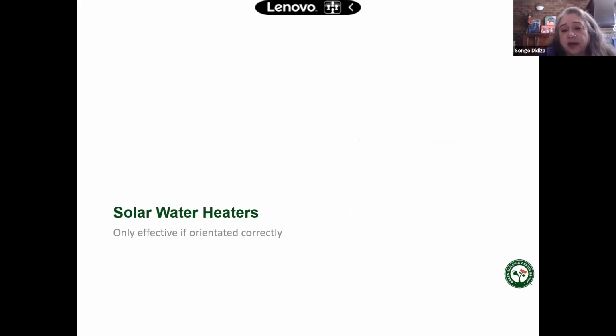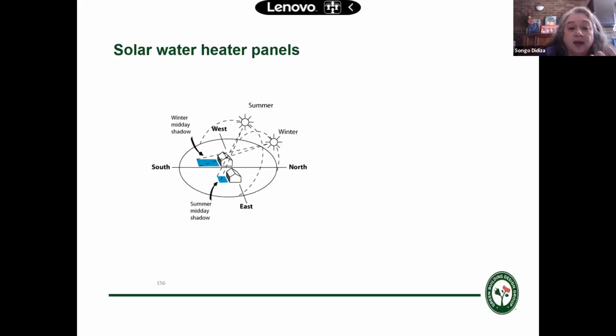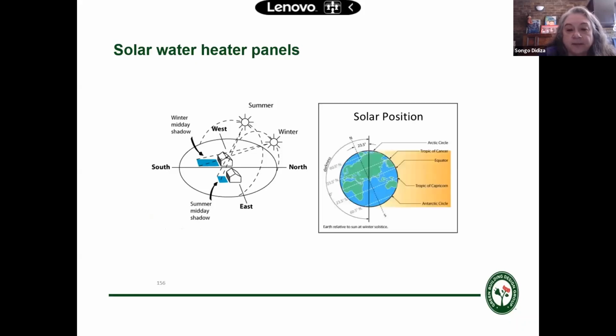Depends where the roof is, how they've put it on, and it's crazy. Effective solar water heating is only if they are facing north and able to collect the sun's energy as much as possible. So again, we face north because of our position on the planet.